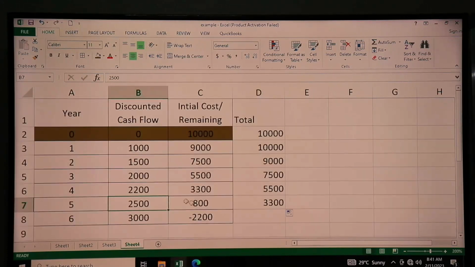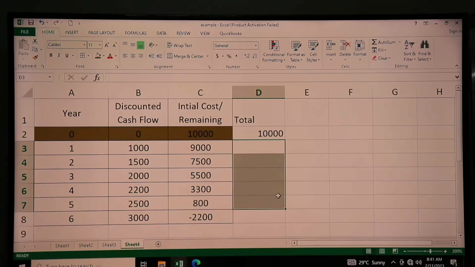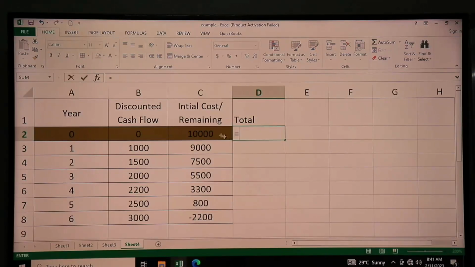Just a minute. Okay, I've got this. Here the formula will be equal to a constant value, which will be this, made absolute. Then you go subtracting this.